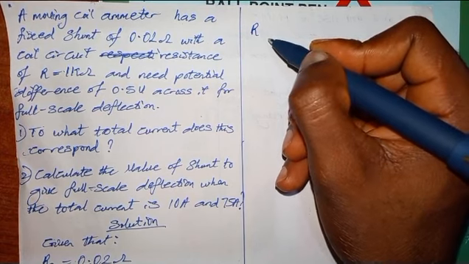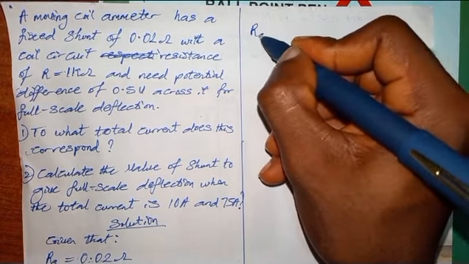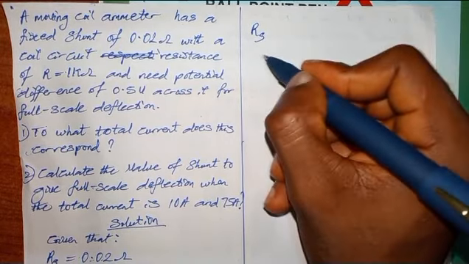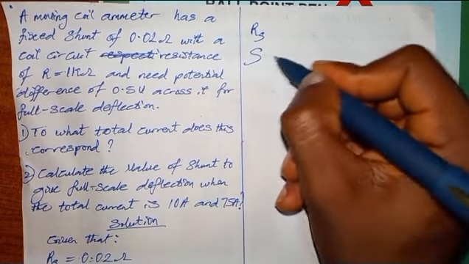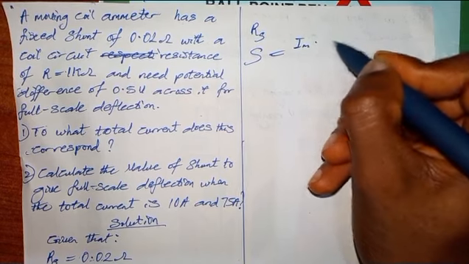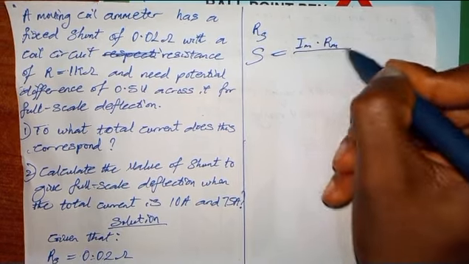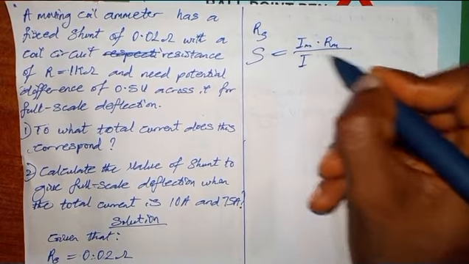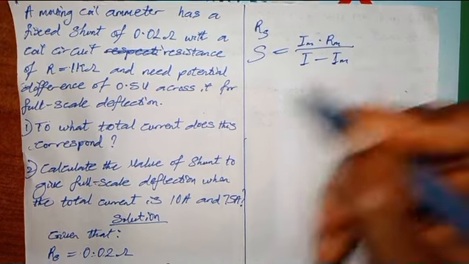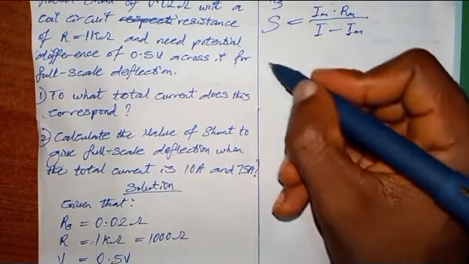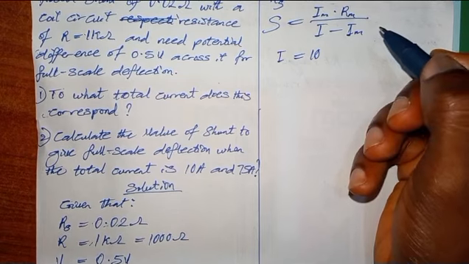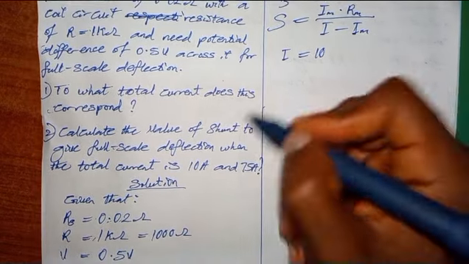Since we are looking for the shunt, Rs, the shunt equals Im times Rm divided by I total minus Im, knowing that the total current given there is 10.